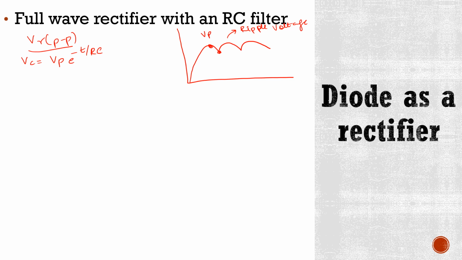Now here we assume that the time required by the capacitor to reach from maximum to minimum value is T1, which is approximately equal to T divided by 2. So now the minimum voltage across capacitor is given by this equation.